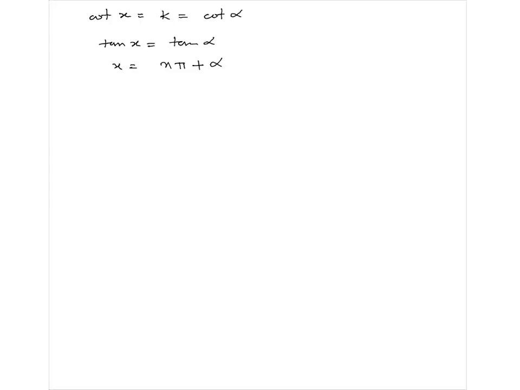Out of the three forms that we have discussed, this appears to be the simplest of all. All others have got some plus minus type of behavior. Sine has got minus 1 to the power n.